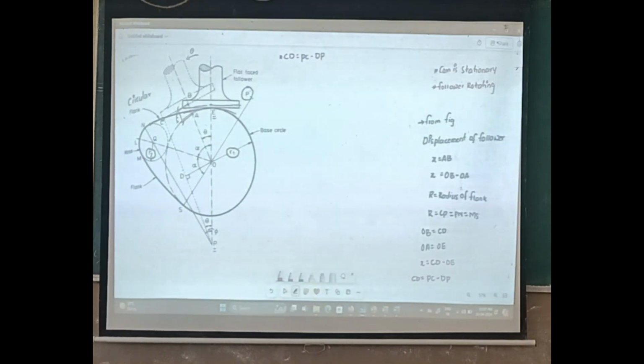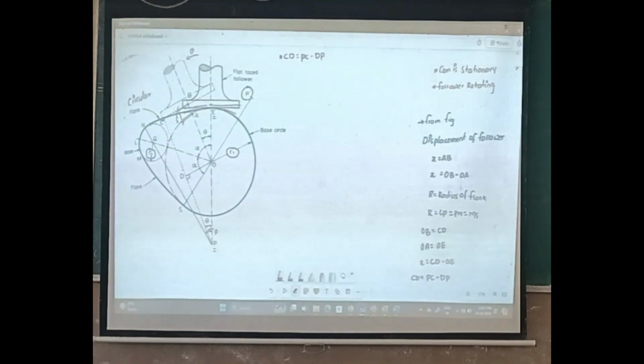So we are observing the diagram. The distance from P and C is equal to the distance from P and E. Why?